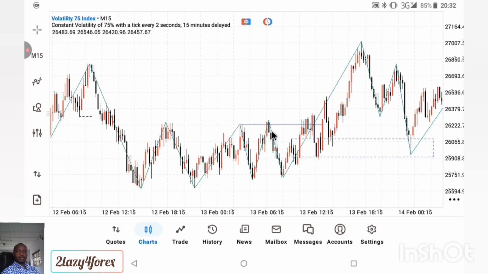If the leg after this candle doesn't create a higher high and it goes back, creates a low, and your low doesn't break this low, and you have a higher high, and you have a close above this one, it confirms this high being broken. That means this is a leg that is confirmed by this. So you plot, you've marked this already. So now you have your higher high.